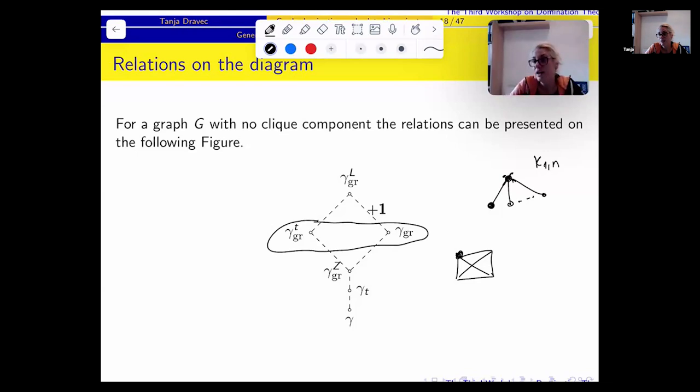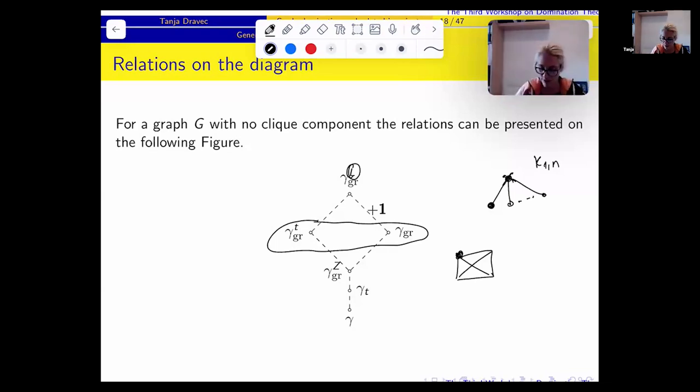And then I have this L Grundy domination number, which is the largest one, and that's why the notation is L. So L Grundy domination number is an upper bound for Grundy total and Grundy domination number. Moreover, it can be easily deduced that L Grundy domination number is always strictly larger than Grundy domination number.